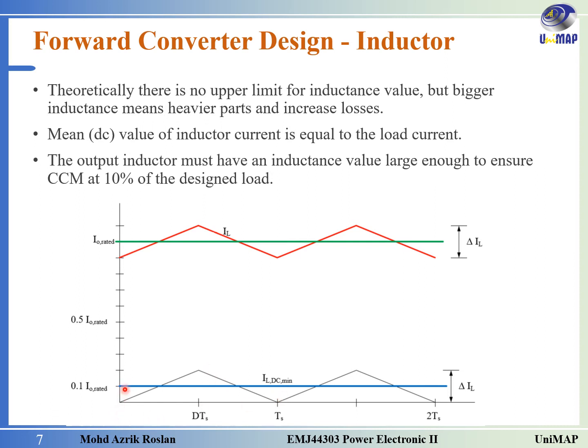So we must make sure that our inductor current flows like this. So the delta IL will be from here to here, and this is the ILDC minimum, the one that we have to define in our inductor design.